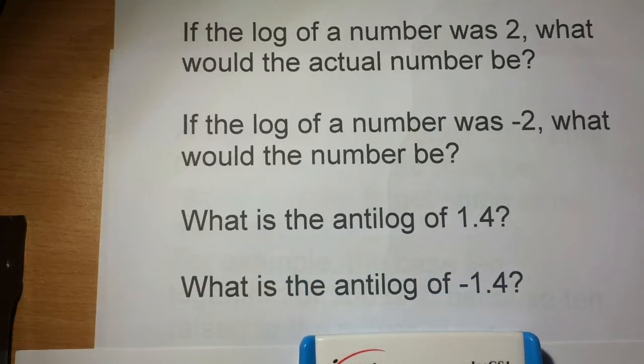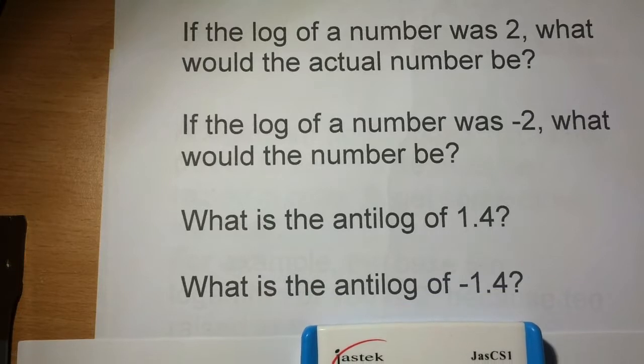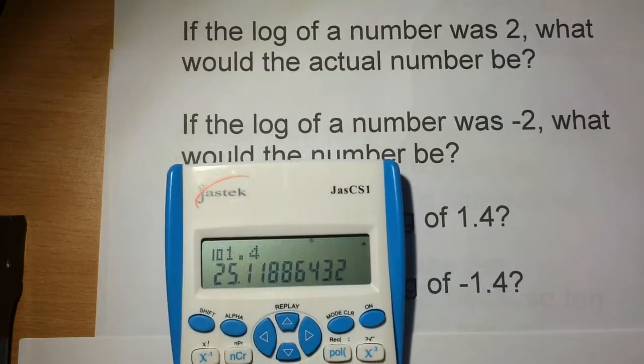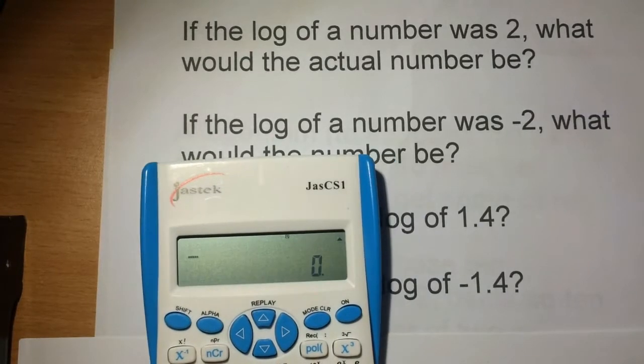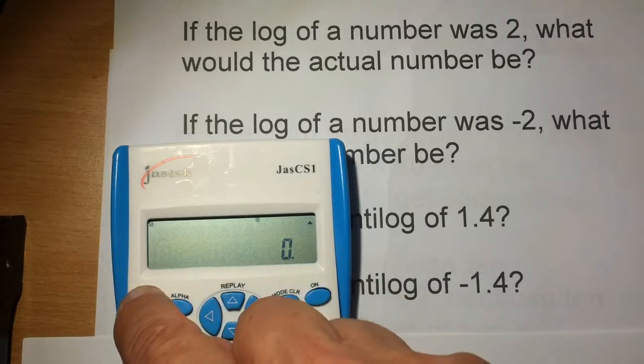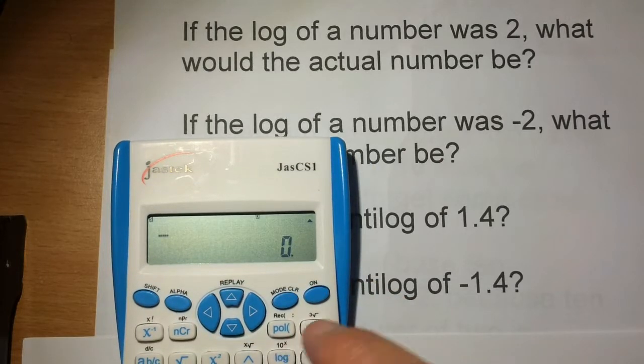Now, what if the antilog is of a negative number? In other words, we're dealing with 10 to the power of minus 1.4. We clear our calculator, and again we type in shift log.